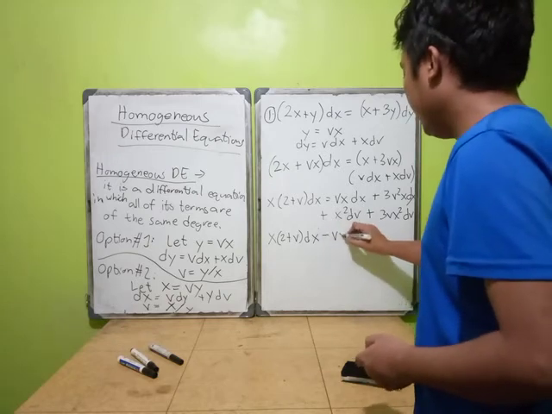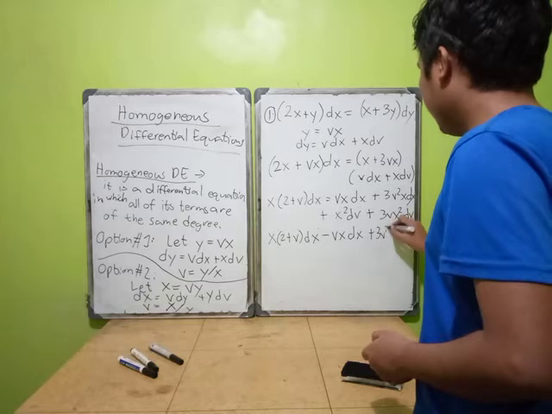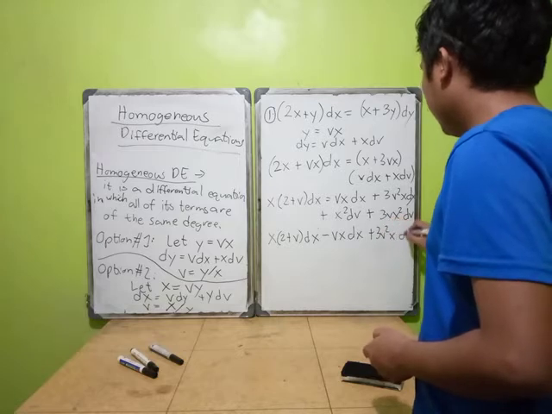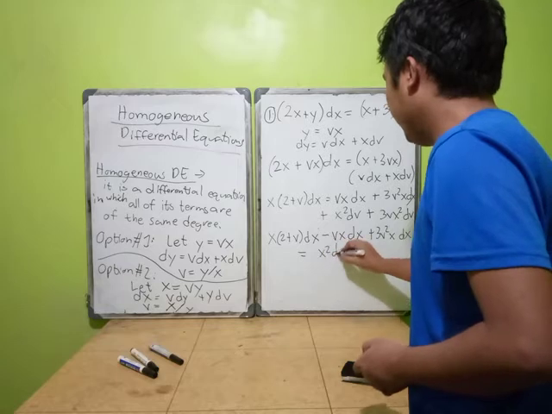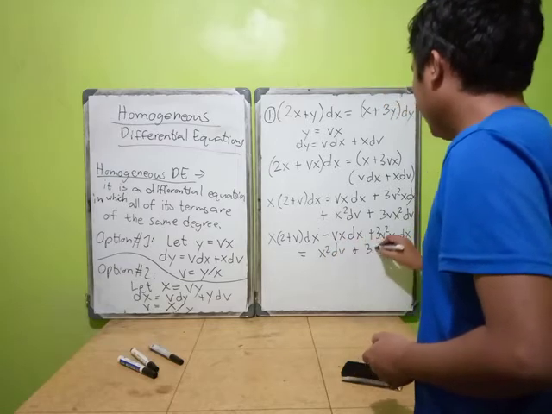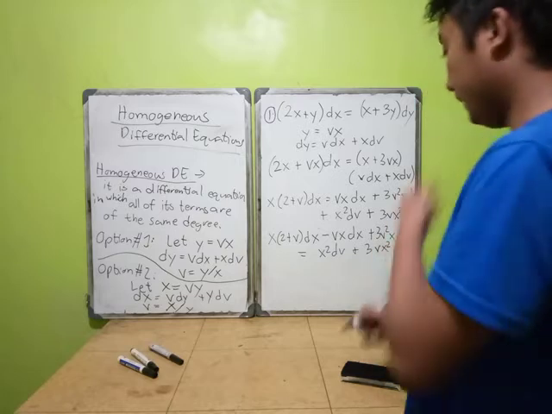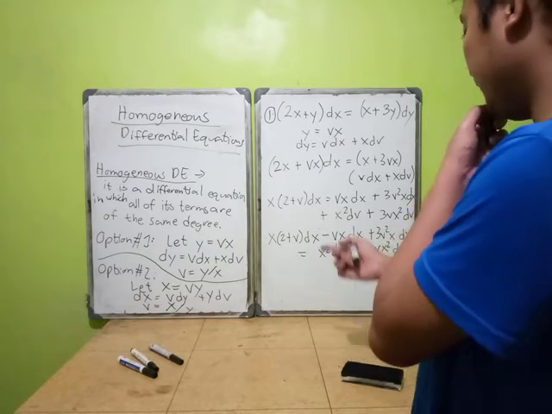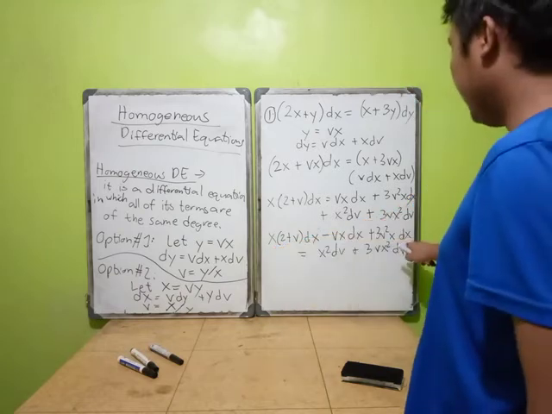Minus vx dx plus 3v squared x dx is equal to x squared dv plus 3vx squared dv. Okay. So, anong commonality nila? Okay, so lahat sila may x.